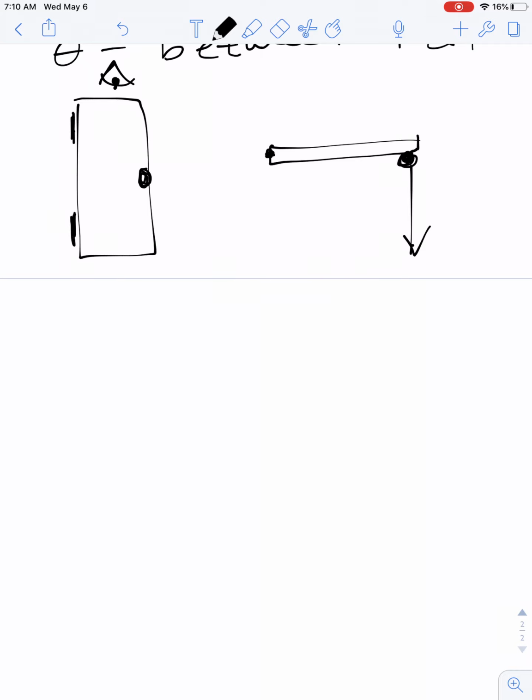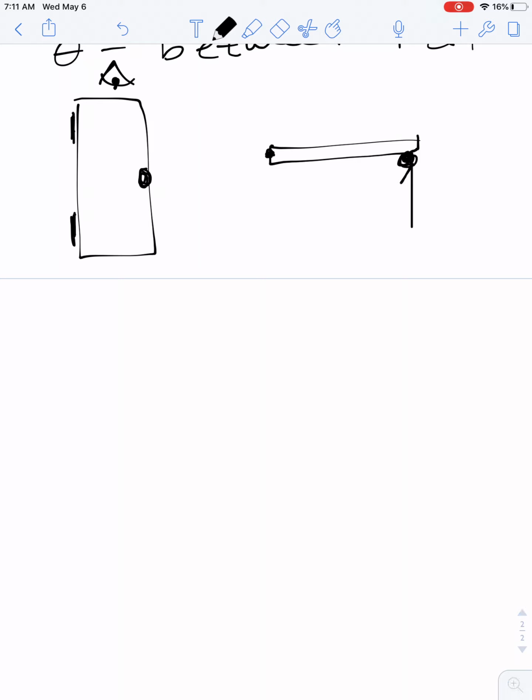Okay? But we're going to use this example to try to understand how your force creates a torque, and how multiple forces create multiple torques and affect the motion of the door. So, for example, let's say you're going to get into kind of a pushing match on this door.